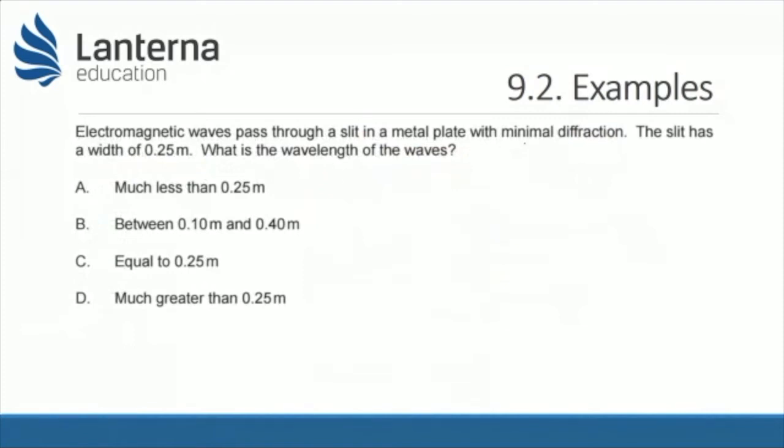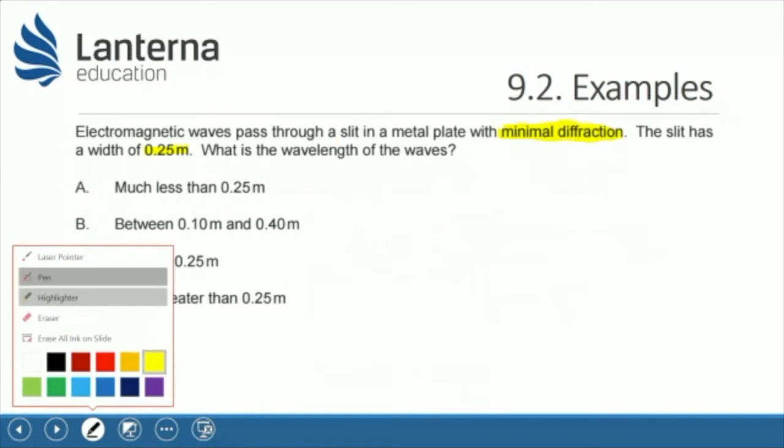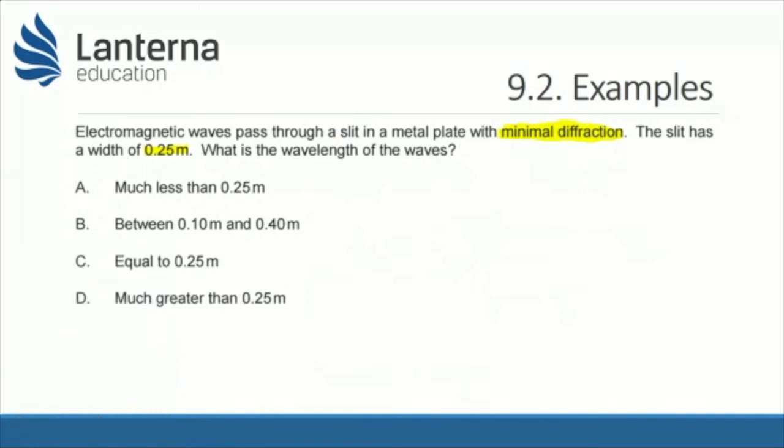Electromagnetic waves pass through a slit in a metal plate with minimal diffraction. So there's our keywords. We're not getting much diffraction. The slit has a width of 0.25 meters. What is the wavelength of the waves? Now in topic 4, we did diffraction just descriptively. So we could have used our knowledge here, but I'm going to answer this question using the equation we have. Theta equals lambda over b.